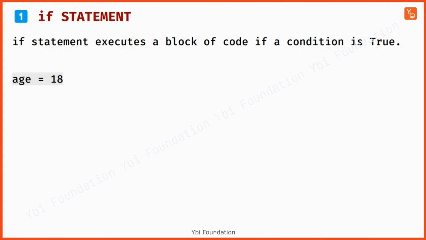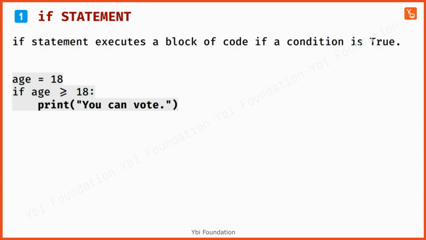The if statement starts with the keyword if. Then after if, we write our condition, which is age greater than or equal to 18, followed by a colon. Then press enter. You can see that the print is not on the same line, but has indentation. What do we mean by indentation?